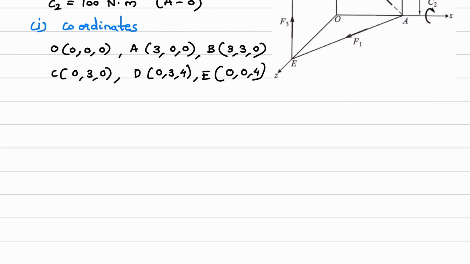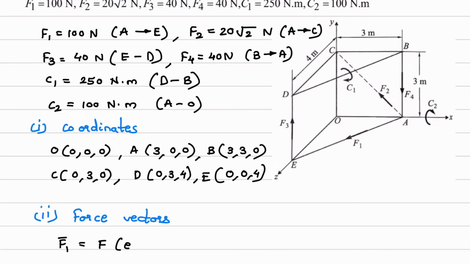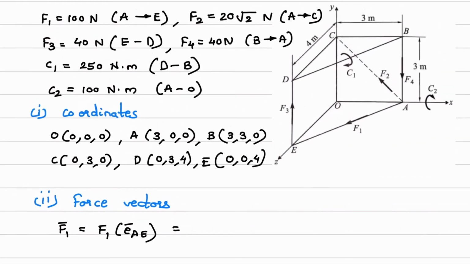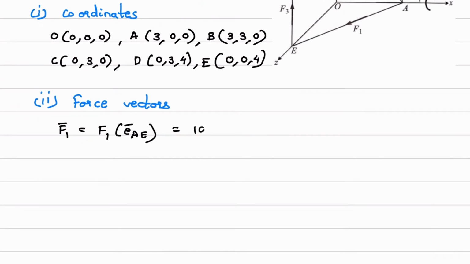Next we have to find the force vectors. Now the force vector of force 1 will be the magnitude of force into the unit vector. What is the direction of the unit vector? We have written here, it is A to E. F1 magnitude is given in the question, 100, multiplied by the unit vector.